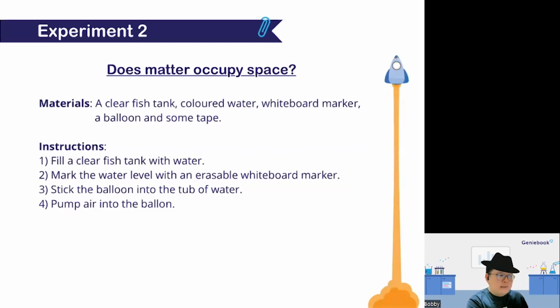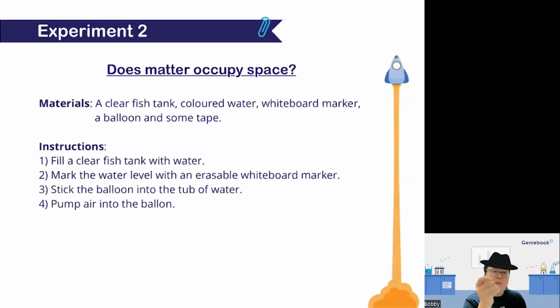So does matter occupy space? When we talk about matter, we'll be thinking of the three states: solid, liquid, and gas. For solid and liquid, it is very obvious, because we can touch it, like the Apple Pencil.